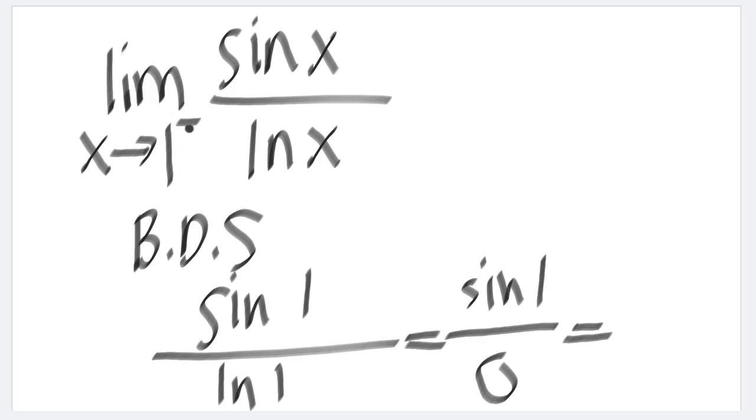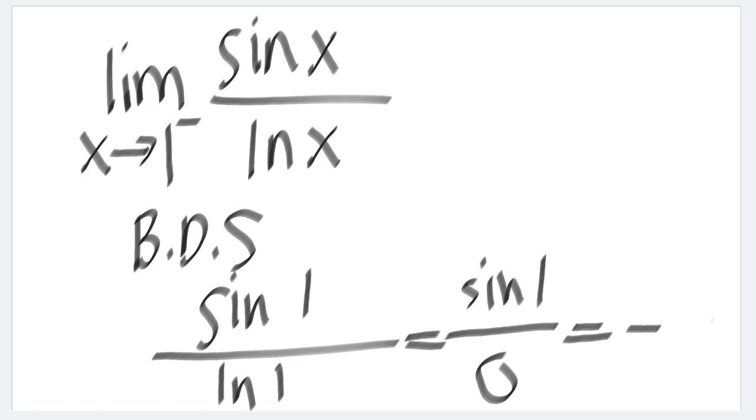Since this is at the negative side, this will yield, repeating what we have learned a while ago, that any number divided by a relatively small number like 0 will yield a very large number.